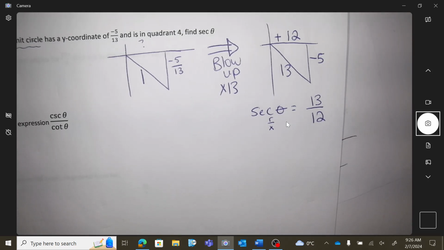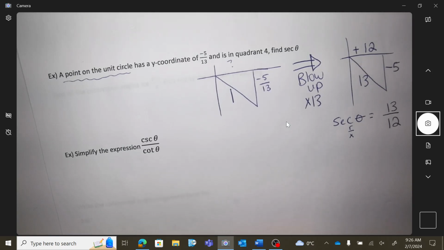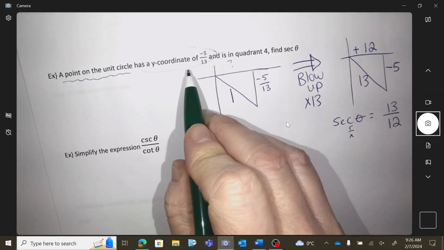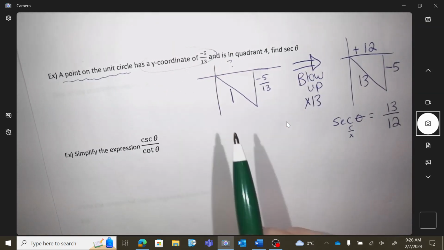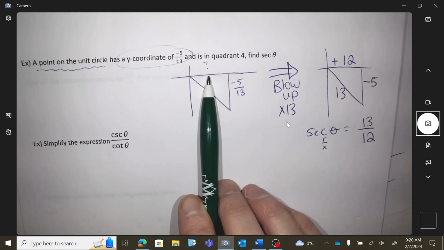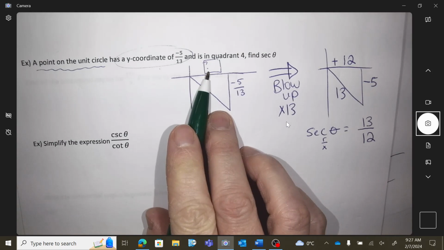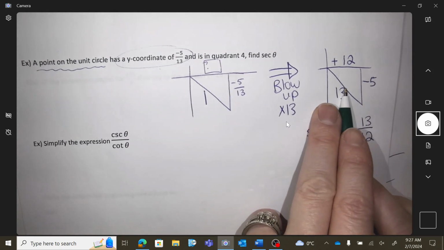Okay, I'm just going to put a little bit of an extra question in here. It might ask for you to say, well, if the y coordinate is that, what's the x coordinate? So if I wanted the x coordinate, I would have to go back to the original. So what would be the number here on the original? Because you would have to do what? You'd have to shrink it.